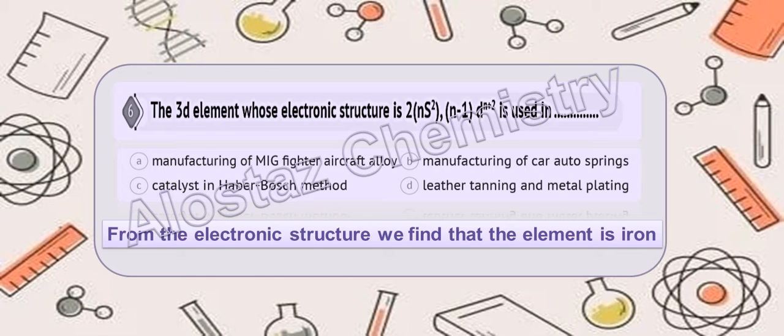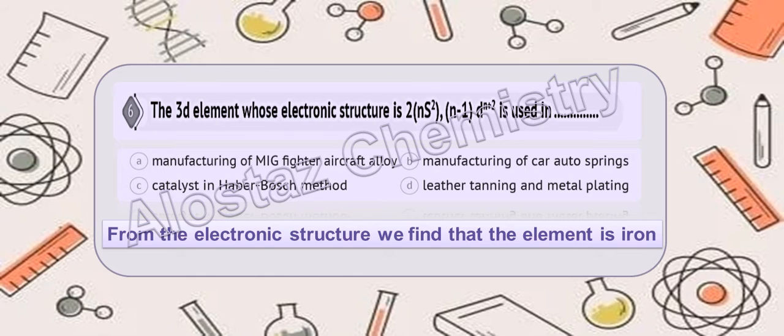If we calculate the atomic number here, ns^2, (n-1)d^(n+2), we find the element will be iron, with the atomic number 26.